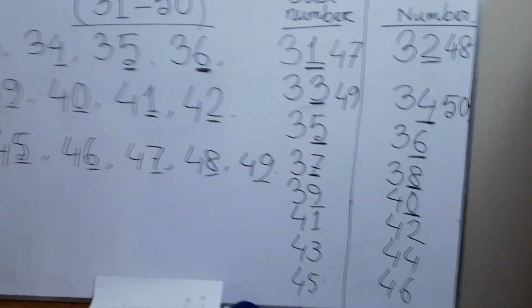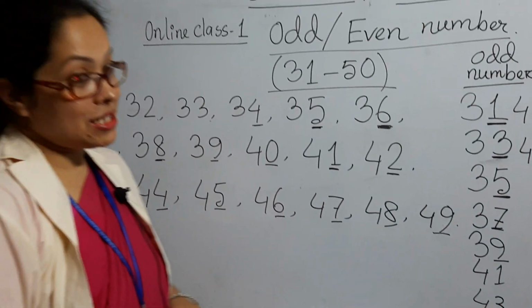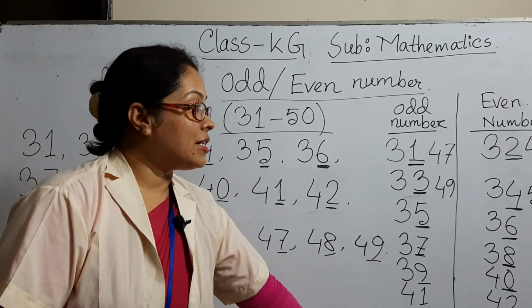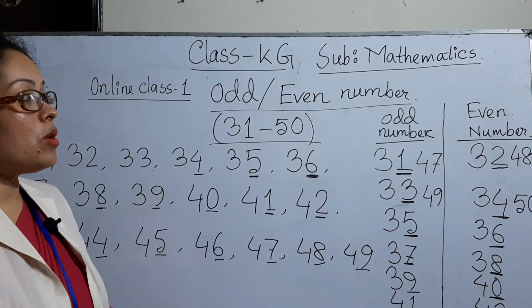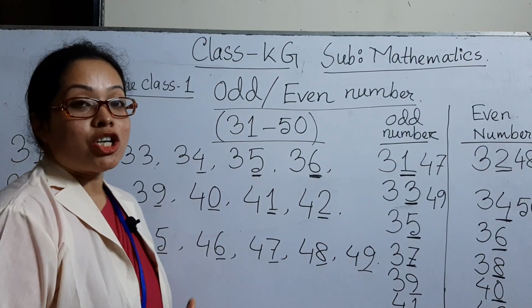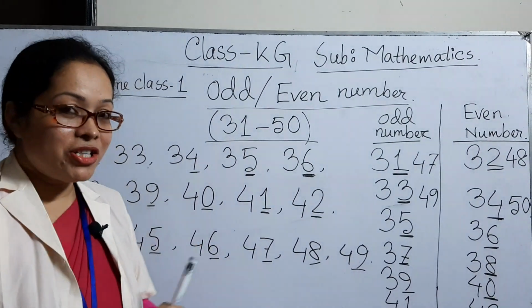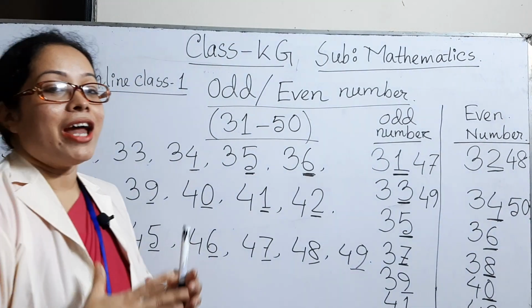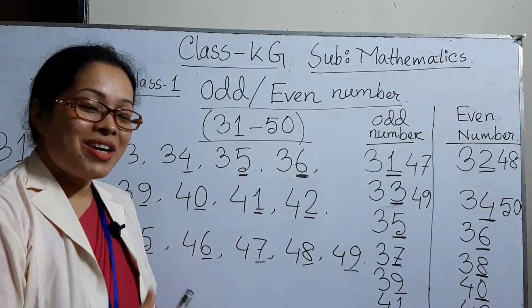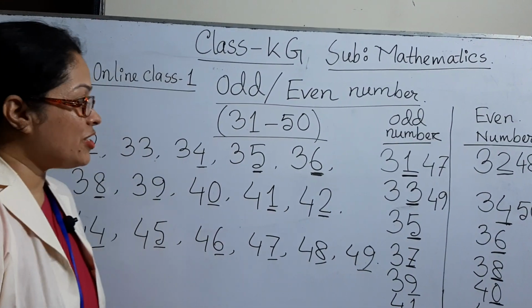I hope this is easy for you and you understand it very well. Practice all these numbers at home more and more. My next topic is addition. Today we will learn how to do additions. So now let's do the additions.